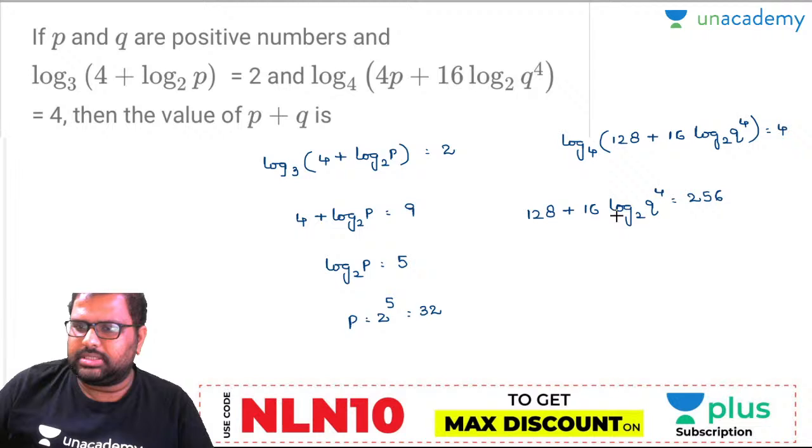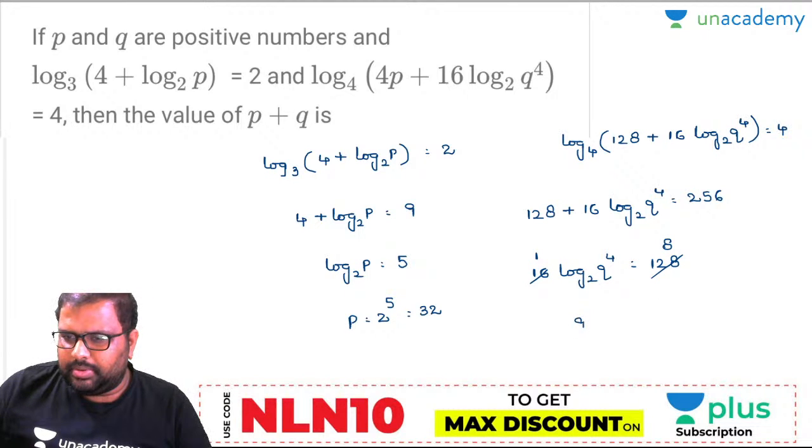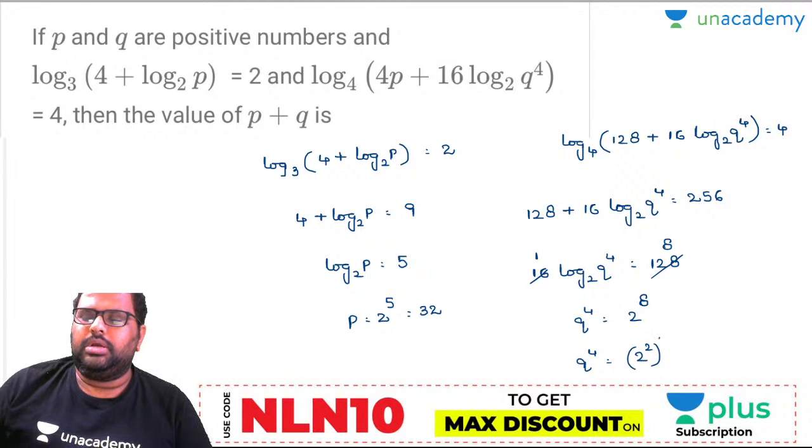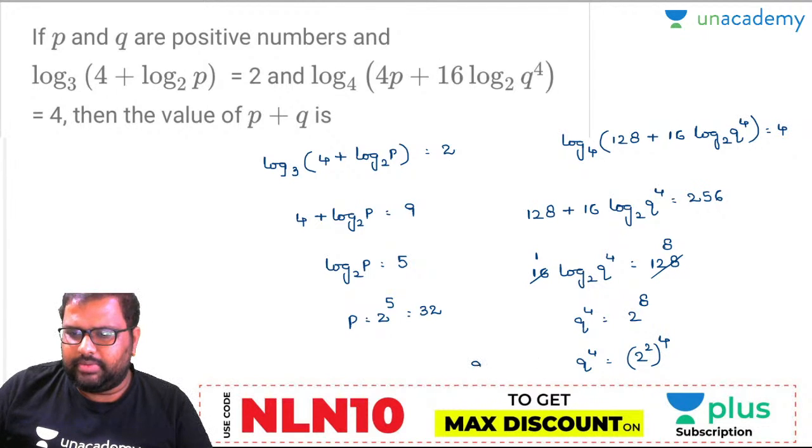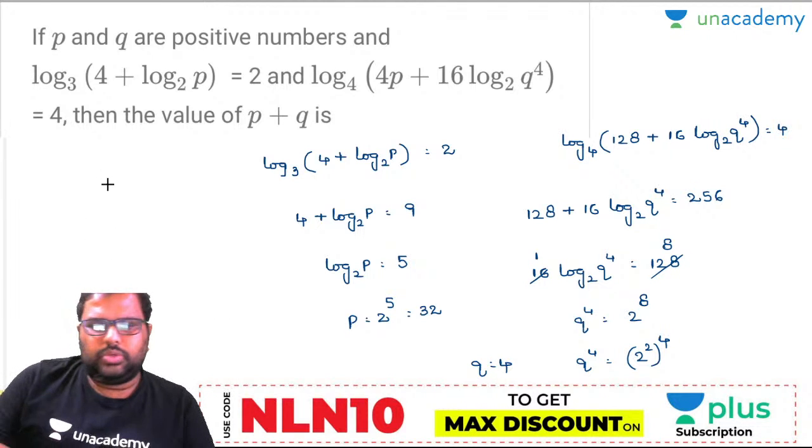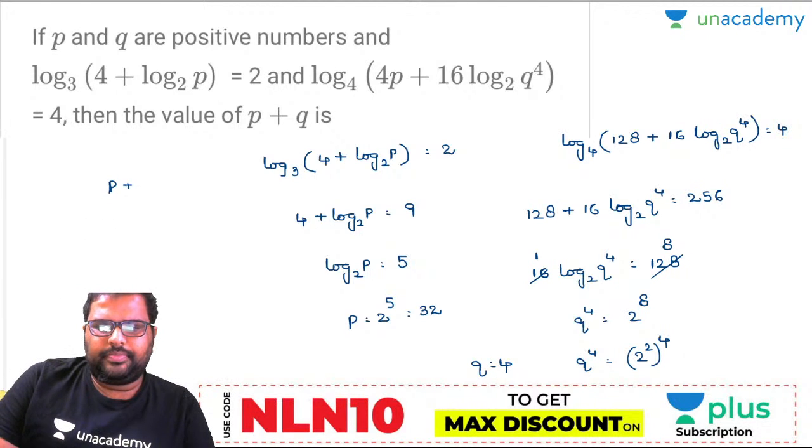Yes, it is 256. 256 minus 128 will be again 128. 16 log base 2 q to the power of 4 is equal to 128. Now 16 ones are 16, 16 8s are? Am I right or wrong? Yes. So q to the power of 4 is nothing but equal to 2 to the power of 8, and I can write q to the power of 4 as 2 square whole to the power of 4. So powers are equal, I can make my bases equal. Q is equal to 4. So my p plus q value will be how much? Is it 32 plus 4? 36.